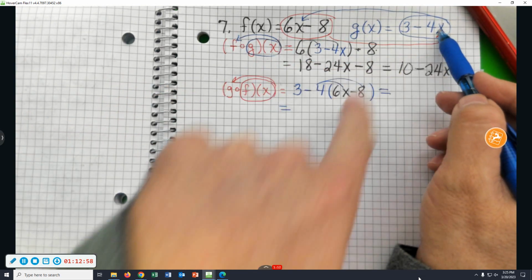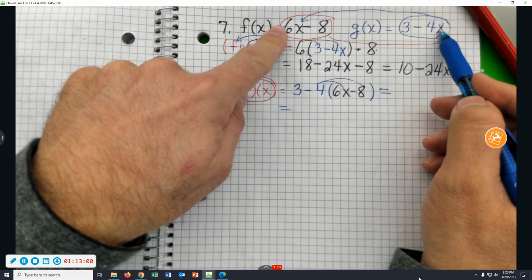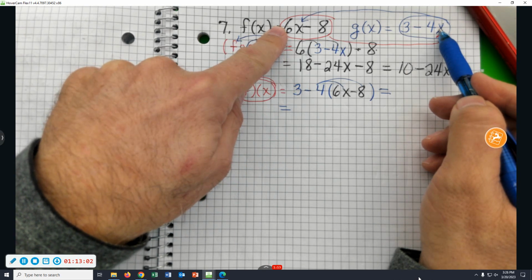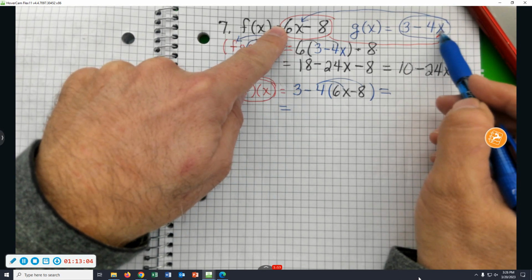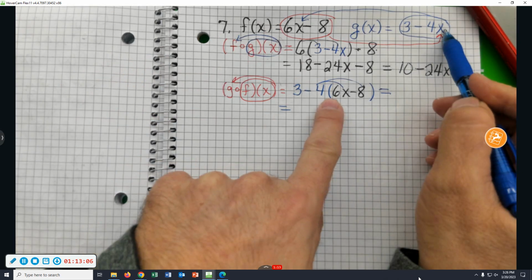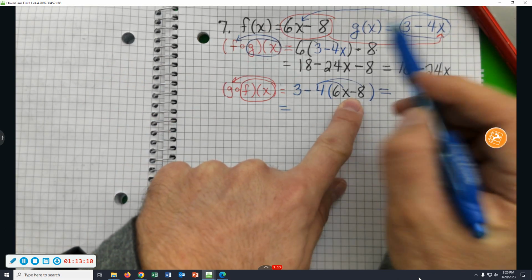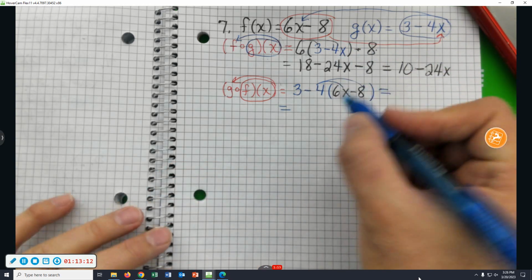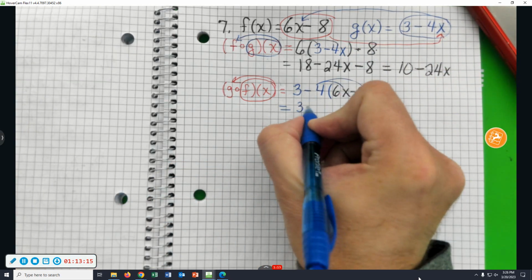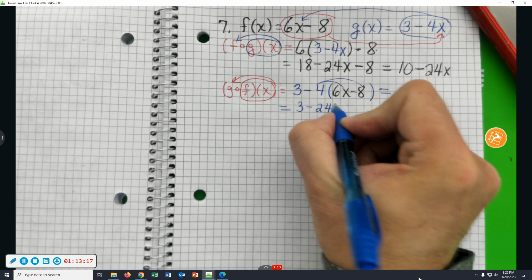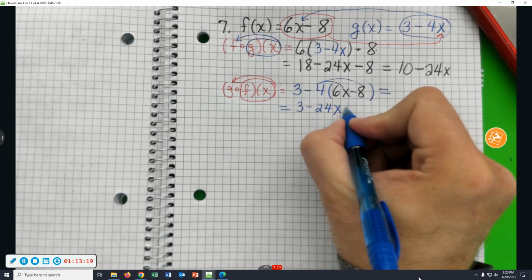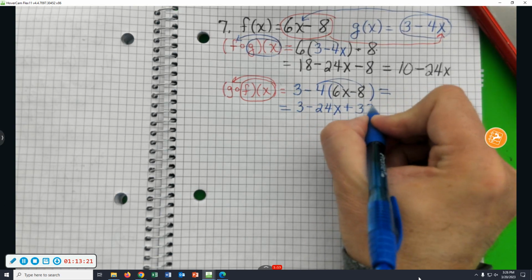So in place of that blue x, I'm writing 6x minus 8. This x right here is the 6x minus 8. Now distribute the 4. So we have 3 minus 24x and a plus 32.